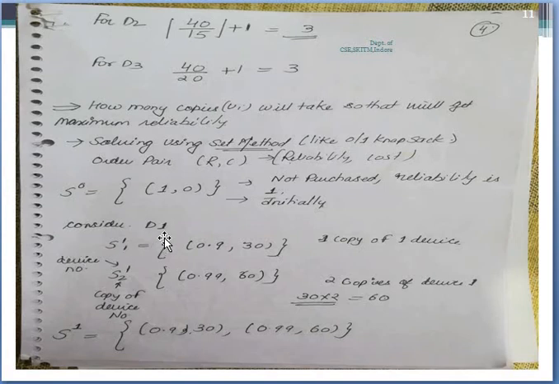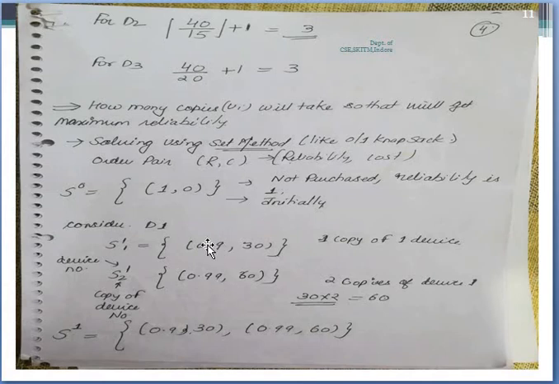After that we consider device 1, and we form S1 1. The cost is 30 and the reliability is 0.9. The 1 represents the number of units of that device we have considered, and 2 represents the copies of the device that we are carrying. If we have 2 copies of device 1, the cost involved is 60 and the reliability is 0.99.